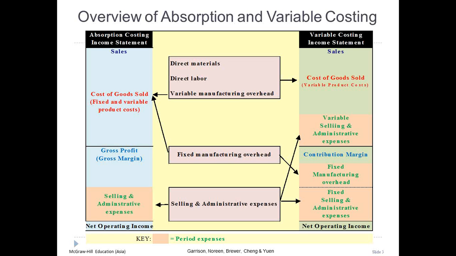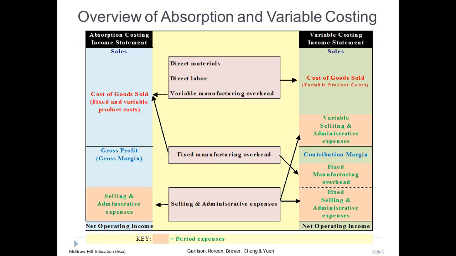That's the key. Variable costing separates variable and fixed costs and emphasizes this. The cost of a unit of product consists of direct materials, direct labor, variable overhead.